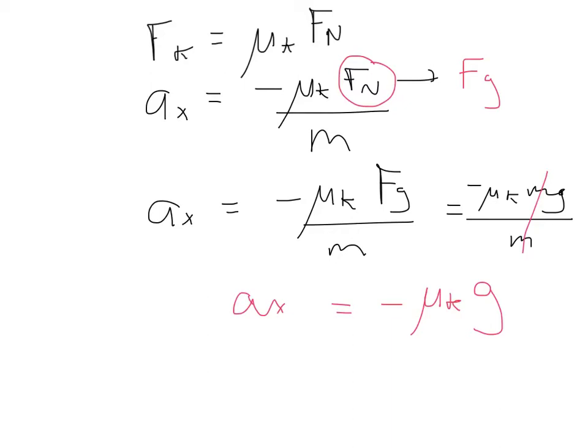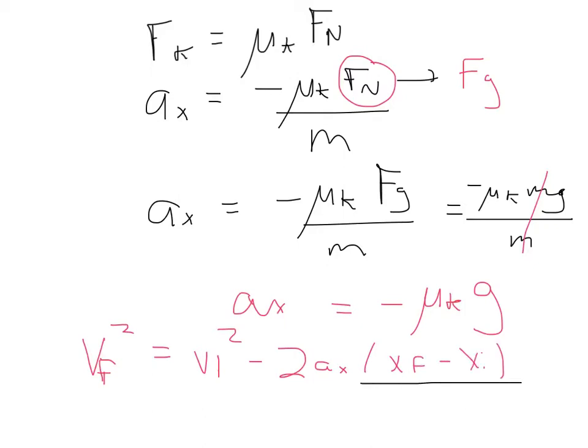So I could say, okay, there's an initial velocity and there's this acceleration here. So the final velocity squared equals the initial velocity squared minus 2ax times x final minus x initial. And this is what I'm looking for here, this term right here.